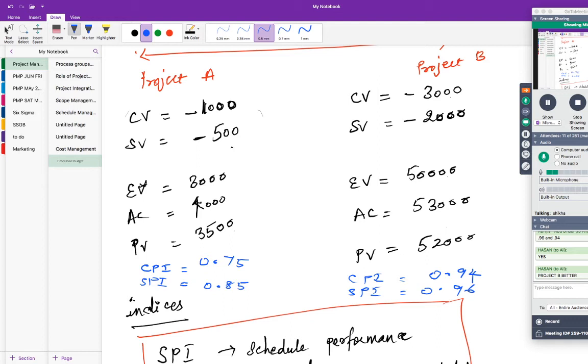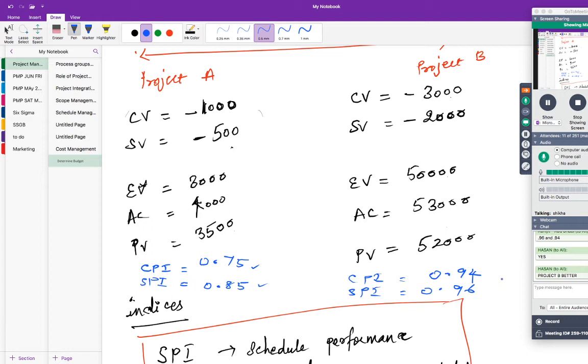So what does this mean? What does the CPI SPI mean? For $1, the return is how much? 0.75 cents. But here for $1, what is the return? 0.9. Actually, if you put $1, you have to get $1 worth of work. But anyway, both are in minus. Which is at least closer to this $1?